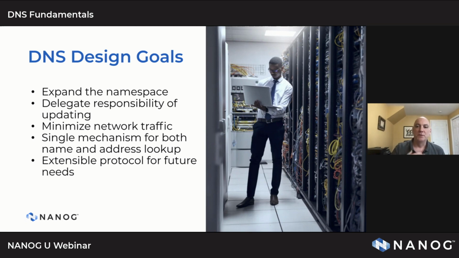If I run the zone isc.org, I should be able to make changes, or anyone that works for ISC should be able to make changes to that zone that other folks in the world can then see. So if I want my web server to live on one certain IP address, I can put that in my DNS for isc.org, and then the rest of the world can look that up, okay?